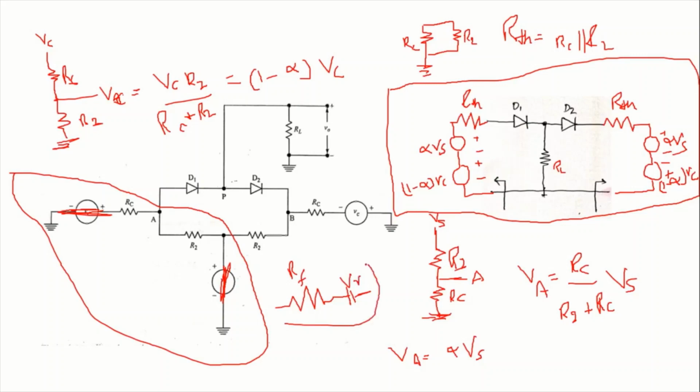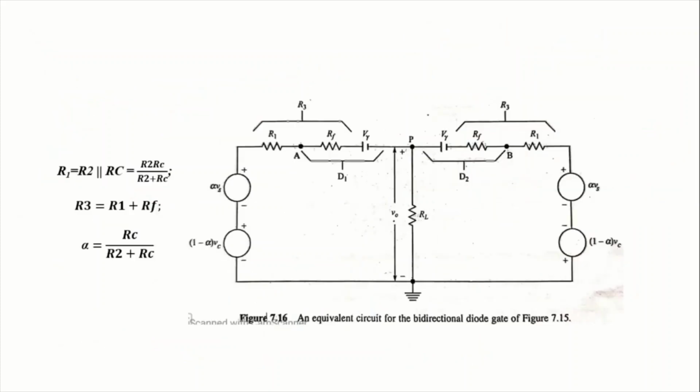This is the piecewise linear representation of a diode. If we replace D1 and D2 in this form, then the circuit again gets simplified. So this is the Thevenin's equivalent circuit for this.